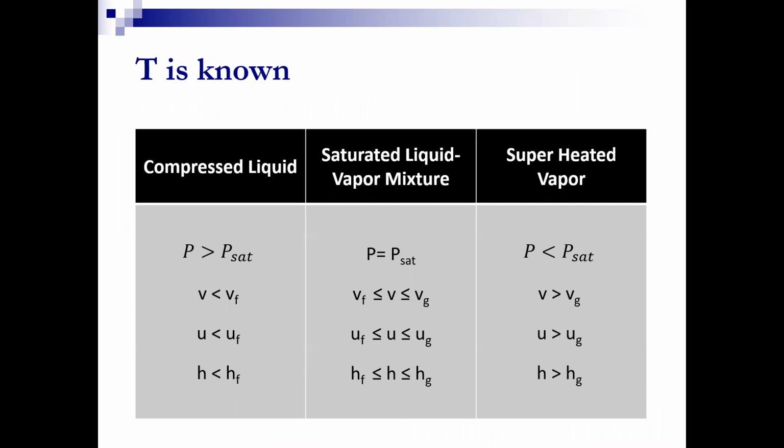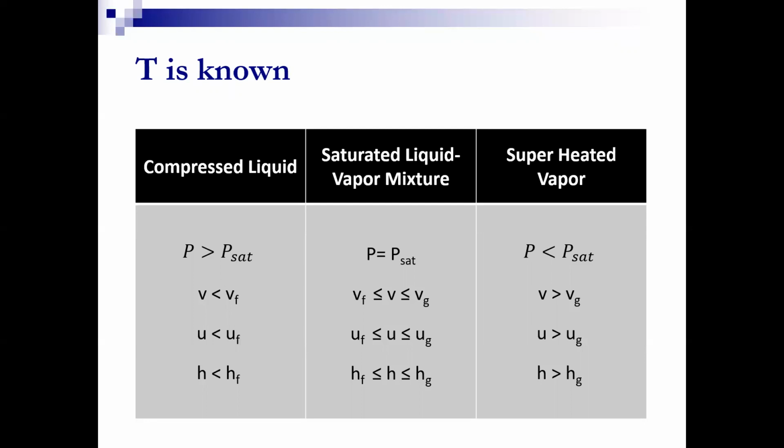In the problems, we are either given temperature with a second property, or pressure with a second property. If temperature is known, then the second property is going to be either pressure, specific volume, internal energy, or enthalpy.